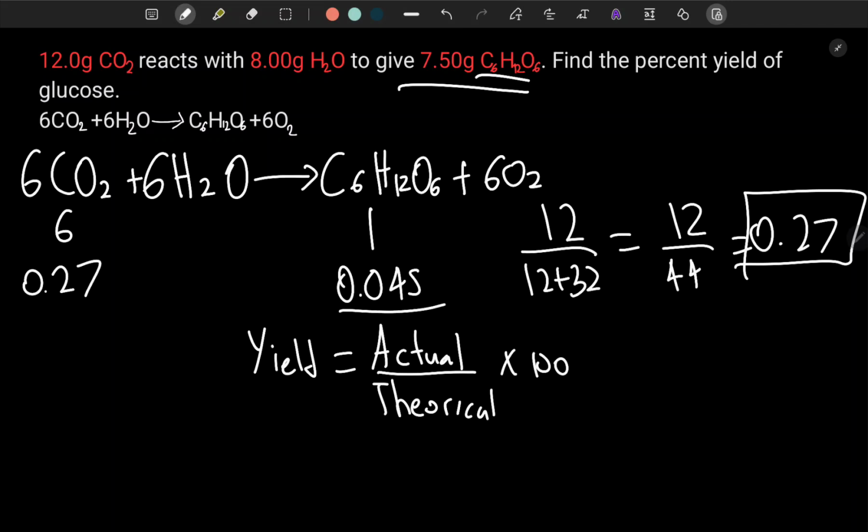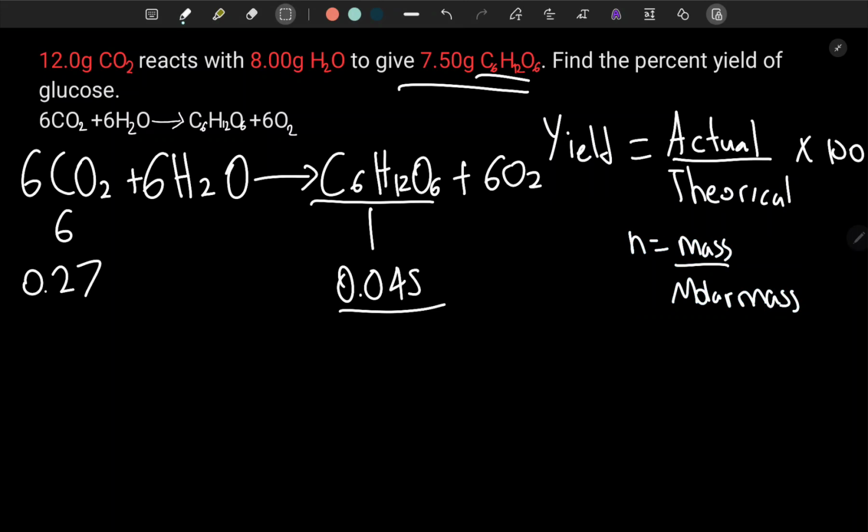So we found the number of moles, so we need to convert this into grams. And as we know, number of moles is equal to mass over molar mass. So to find the mass here, we just need to multiply the number of moles, which is 0.045, by the molar mass of glucose. So let's do that now.